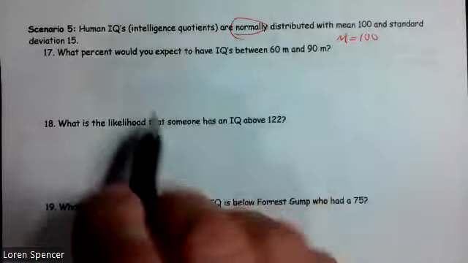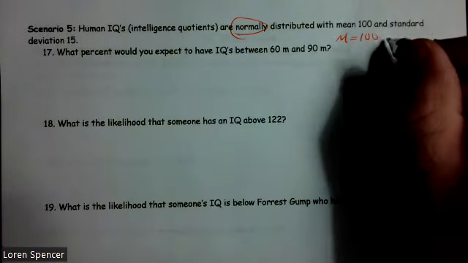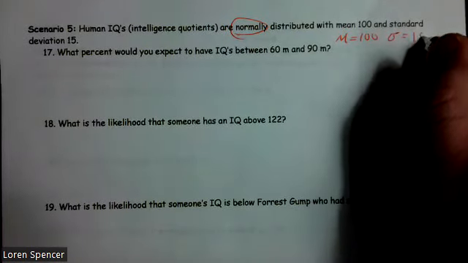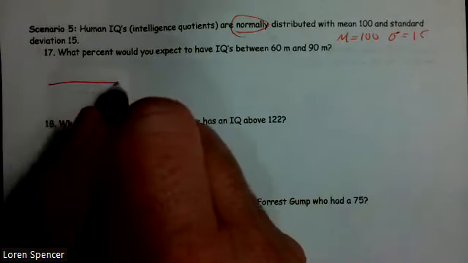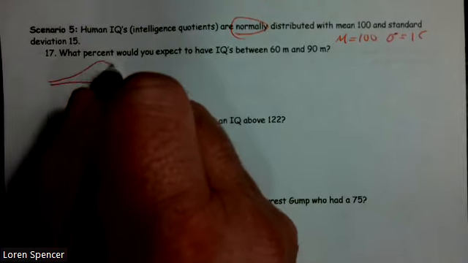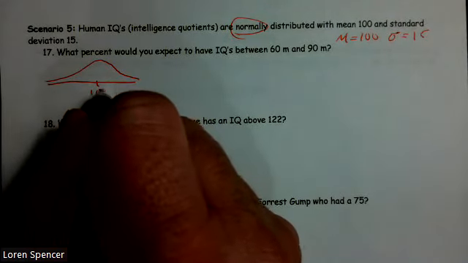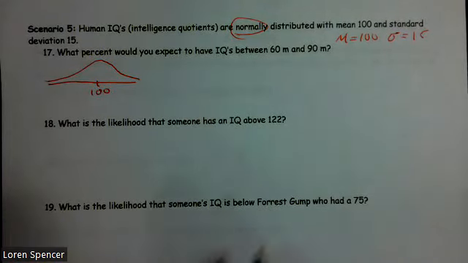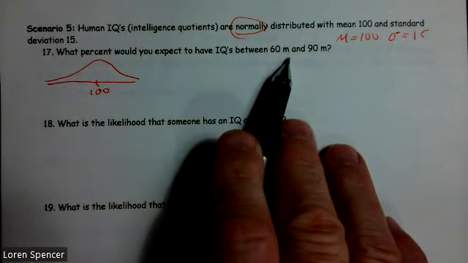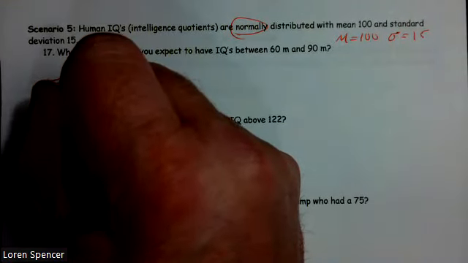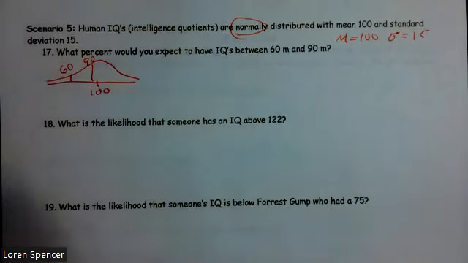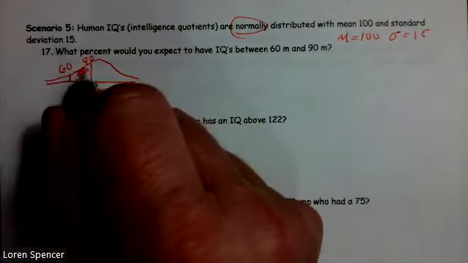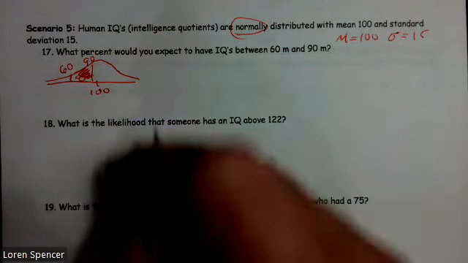It told us it was normally distributed, so we can use a normal, and our standard deviation is 15. There's our mean, and it says 60 to 90. Well, both of those are below it, so there's 60, that's definitely below it, and this is 90, that's also below 100. And so that sets up our lower and upper bound.